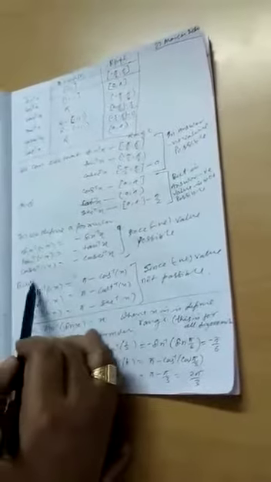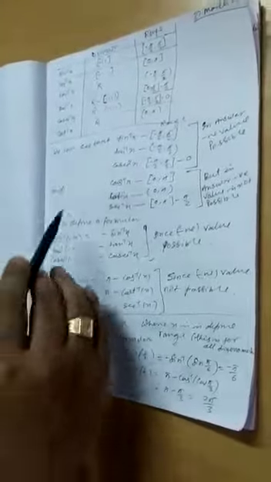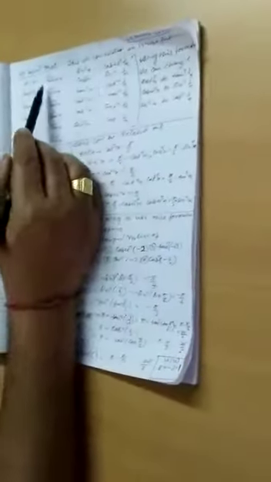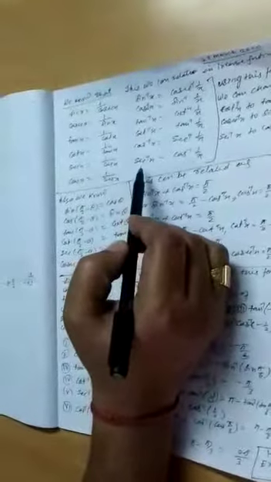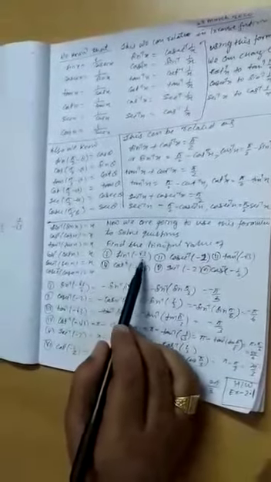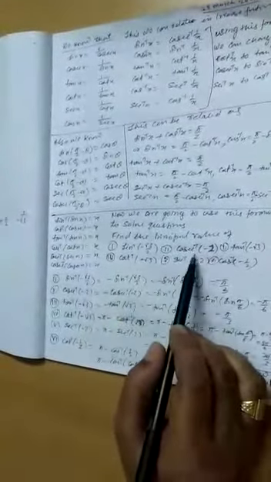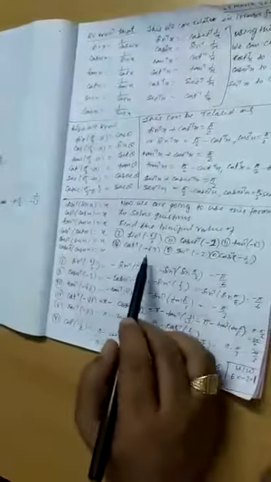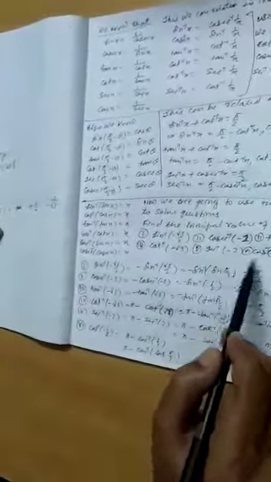But in these three cases, we can directly take out the negative. Now, to make negative to positive and to take reciprocals, we are going to use both the formulas to solve the questions. So like I have given, find the principal value of sine inverse minus root 3 by 2, cosec inverse minus 2, tan inverse minus root 3, cot inverse minus root 3, sec inverse minus 2, all of this.